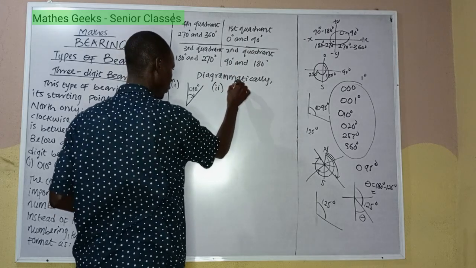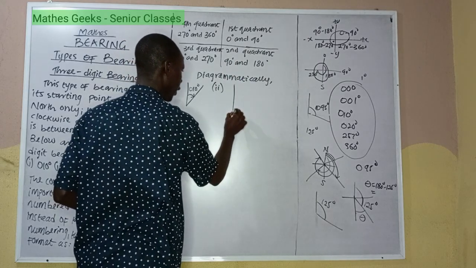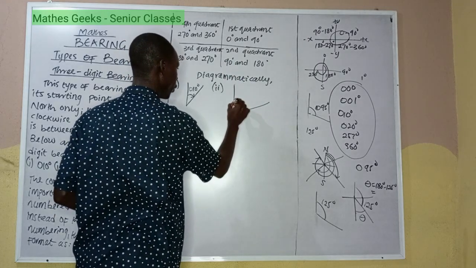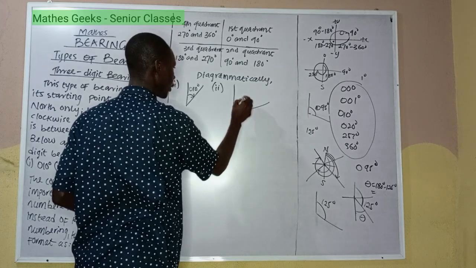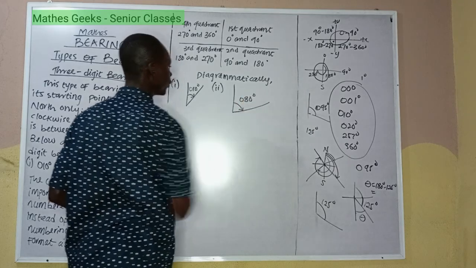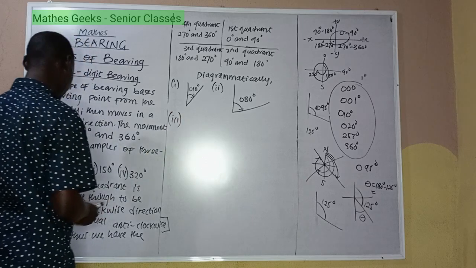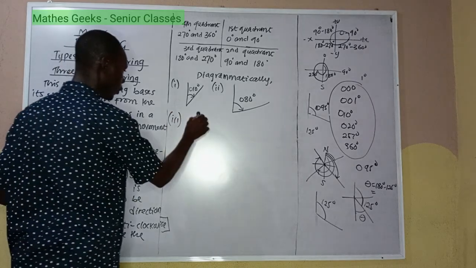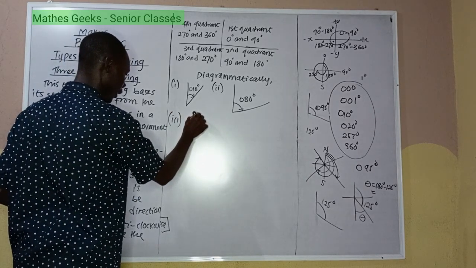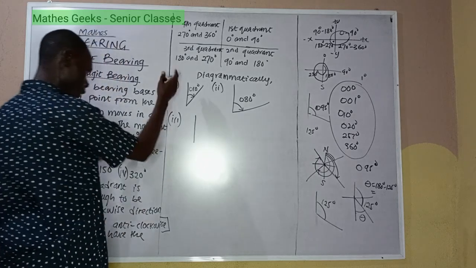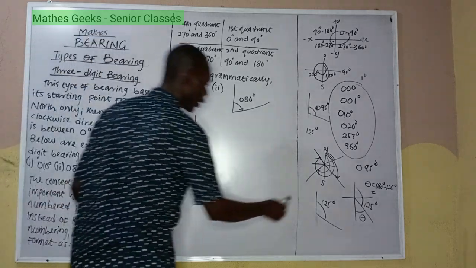So what we have, this is from the north, so we're going to have something like this. From the North Pole to this line, this is 080 degrees. And then number 3, 150 degrees. 150 degrees is slightly close to a straight line, which is an angle on a straight line.